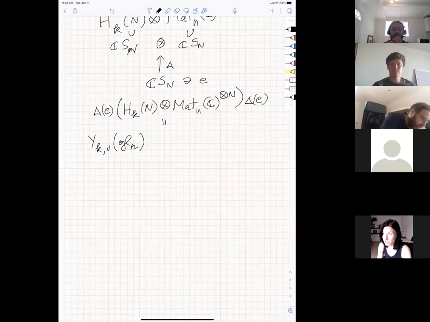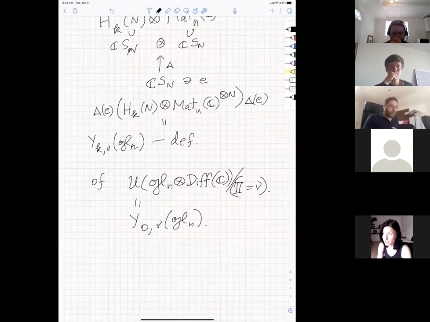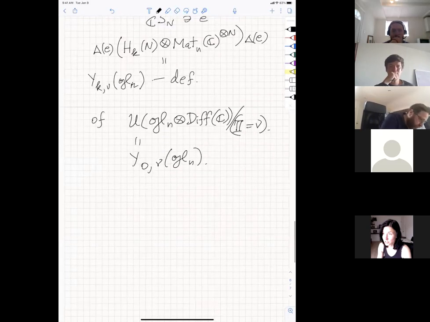And so this is a deformation of the enveloping algebra of GLN tensor product with differential operators of C modulo 1 equals nu, which is Y_0,0. So this Y_k,nu of GLN is the doubly deformed double current algebra.